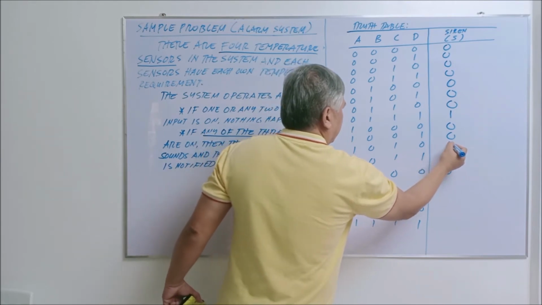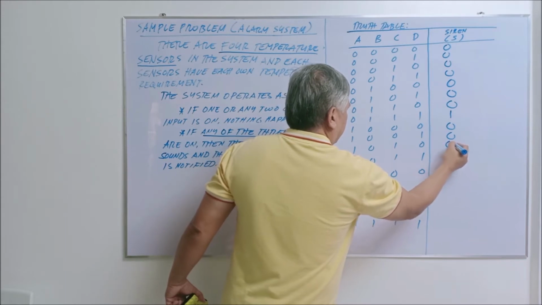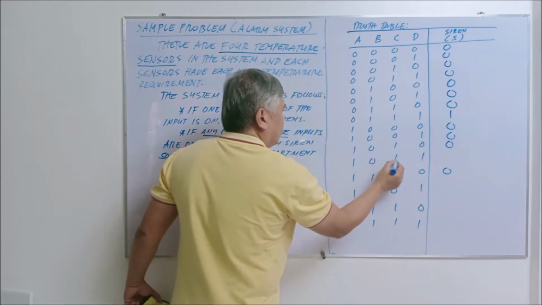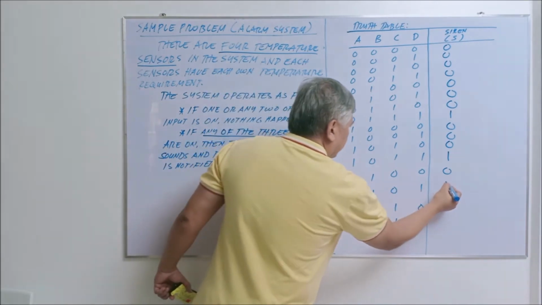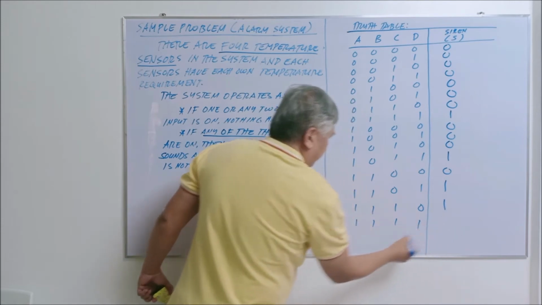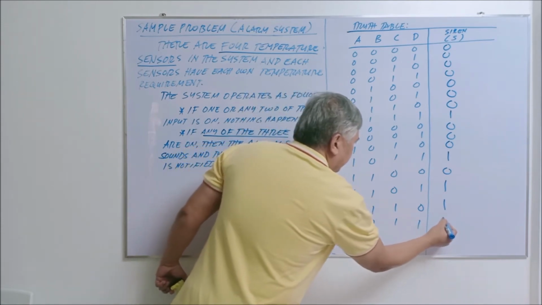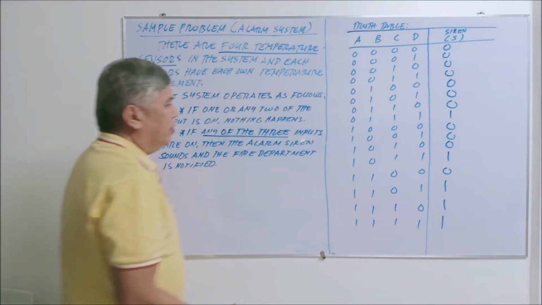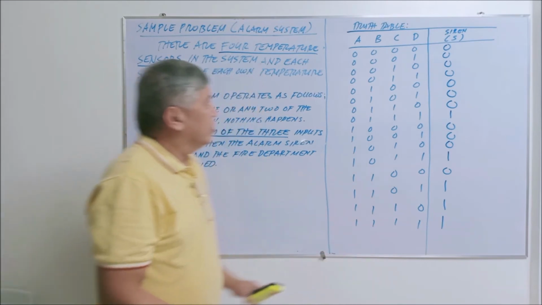So this one here is 0, and this one here you have 1, 2, 3 inputs on, and 1, 2, 3 inputs on, with any of the 3 inputs on. So this one here is still equal to 1. Okay, so this will be our truth table.